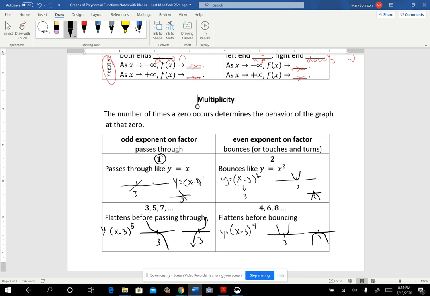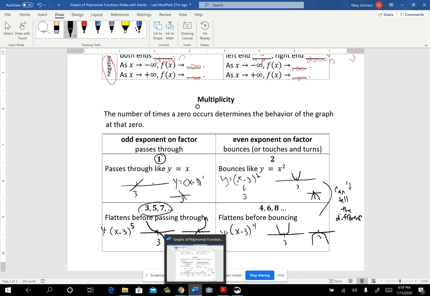You can't tell the difference between those, and you can't tell the difference between 3s, 5s, and 7s, but you can tell the difference between 1 and the others, because 1 just goes through like a line, while 3, 5, or 7 flatten a little bit like a cubic would, okay? All right, so those are the notes on it.